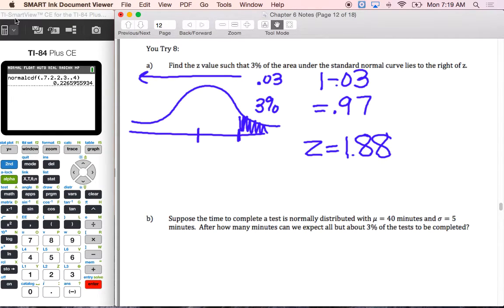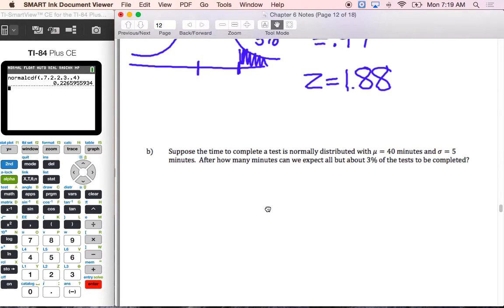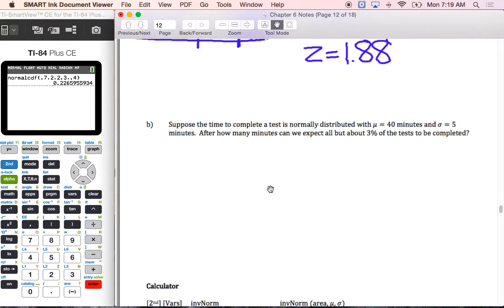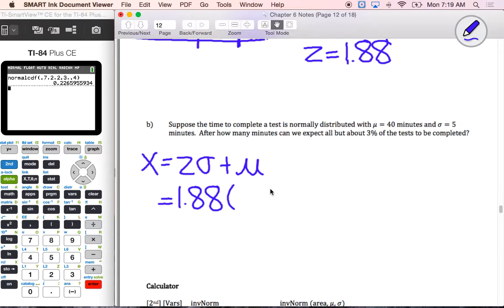Now we're going to use that then to solve for part B. So remember, x equals our z. So we know what our z is. In this problem, they're telling us we've got a mu of 40 minutes. We've got a standard deviation of 5.